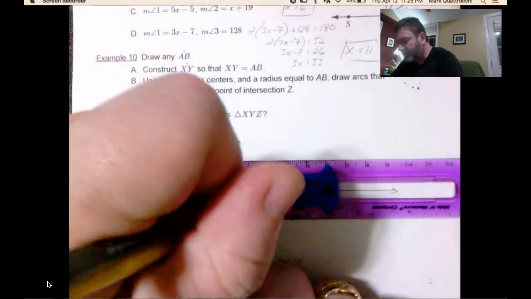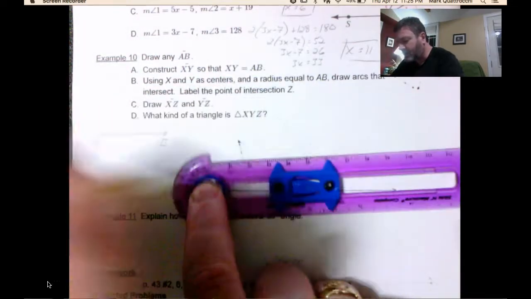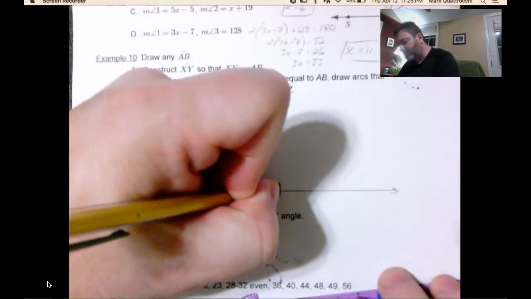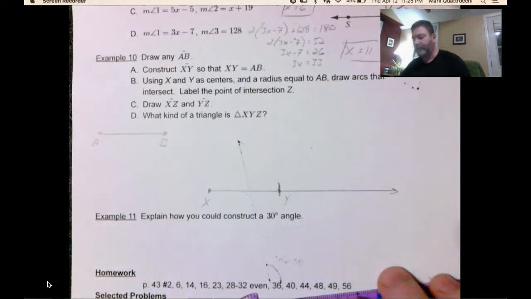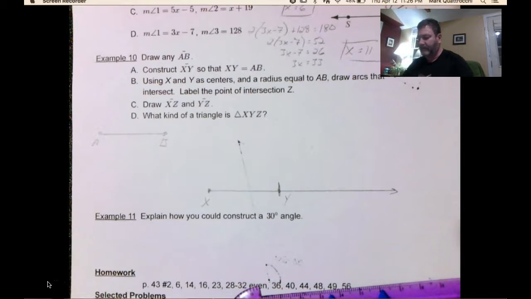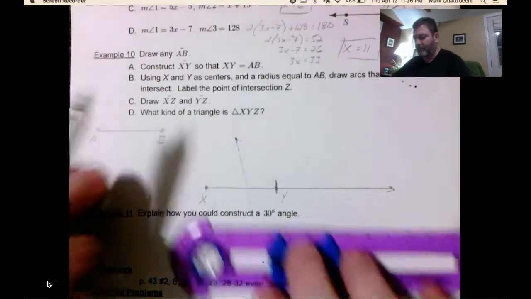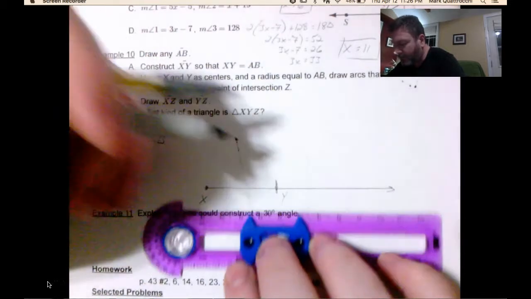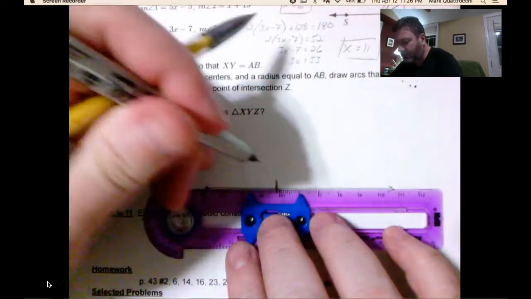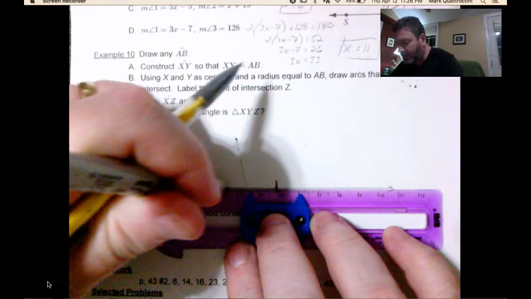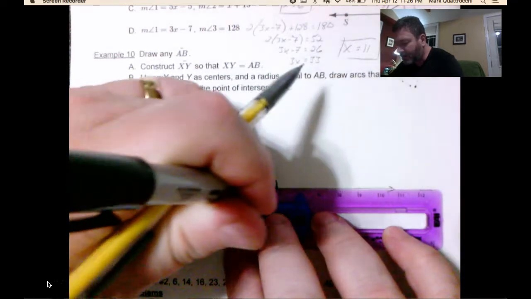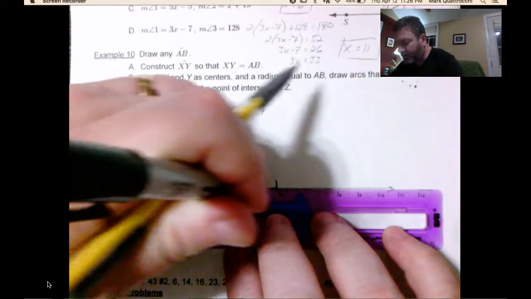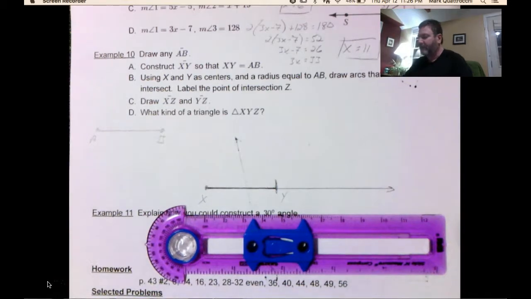And where that intersects my ray, that's point Y. So I've now constructed XY, same length as AB. I don't think my pen is working very well anyway. There we go. We got a little bit of ink left.